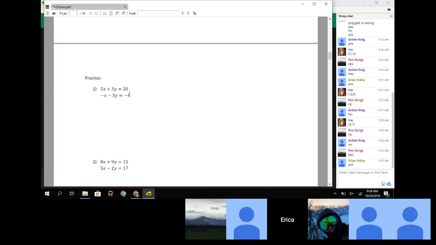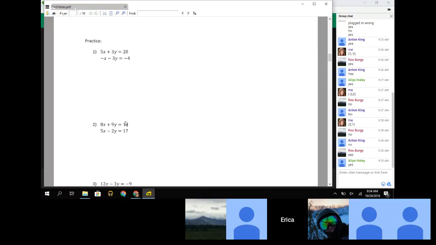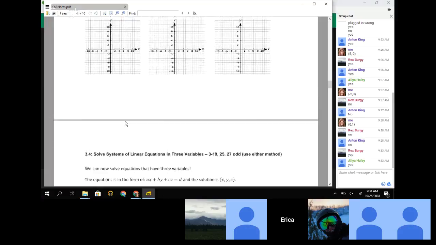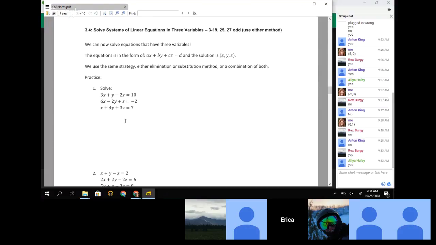So two equations, two variables, and we were able to solve that. Now in section 3.4, we are going to learn to solve systems of linear equations with three variables. I can hear all of the cheering and applause now, right?